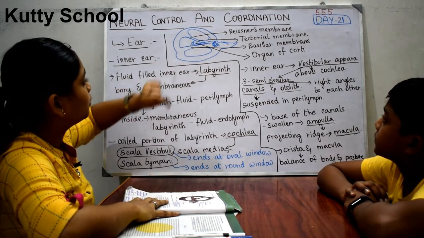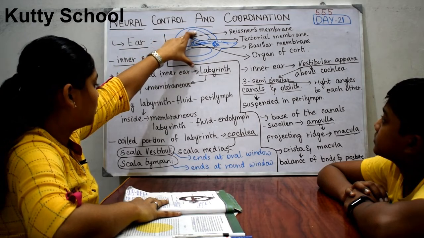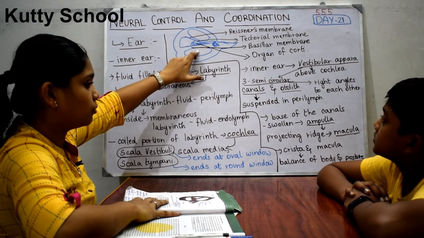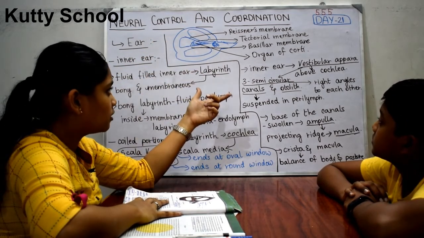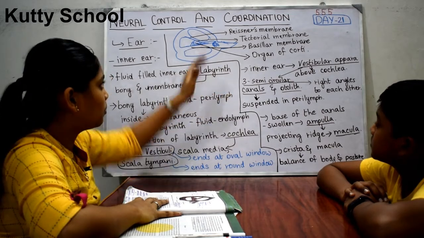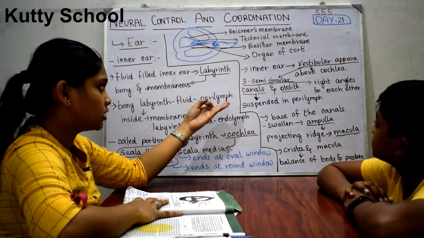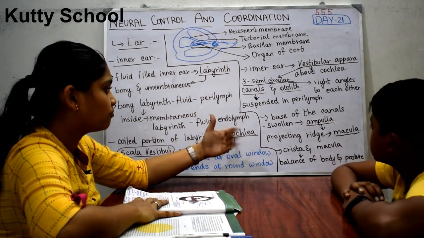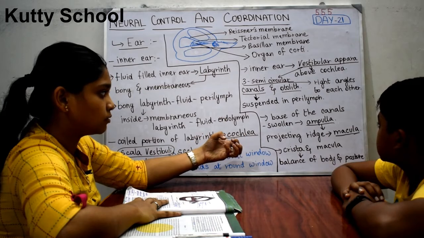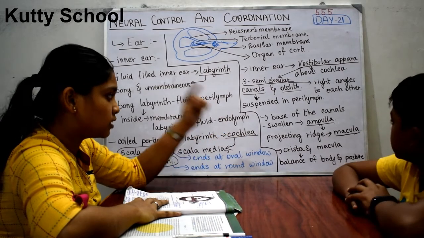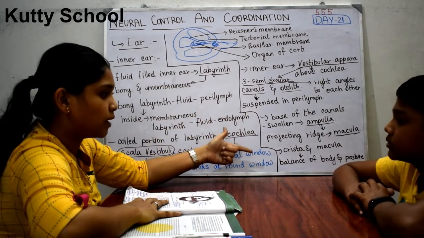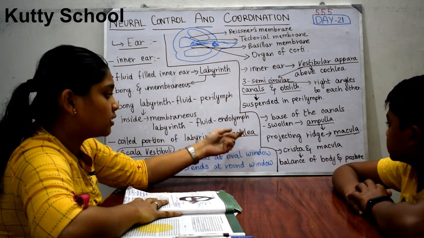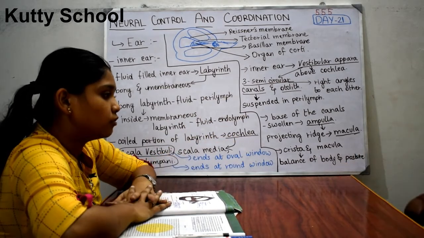This ends with the oval window, this ends with the round window, and the inner ear also contains the vestibular apparatus above this cochlea, which contains 3 semicircular canals at right angles, suspended in perilymph. These have a swollen base, which is known as ampulla, and a projecting ridge, which is macula. Macula and crista maintain the balance of the body and posture.